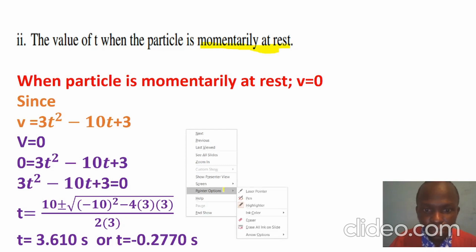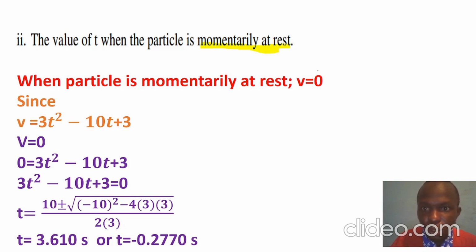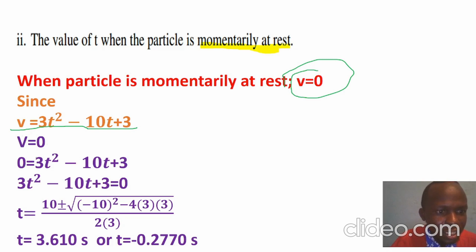The velocity of that particular function must be equal to 0. Any particle that is not in motion, if you are just seated there, your velocity is 0. You're not moving. So when it is at rest, the velocity is 0. Now that we've already found the velocity function in the previous computations, we're just going to equate it to 0.